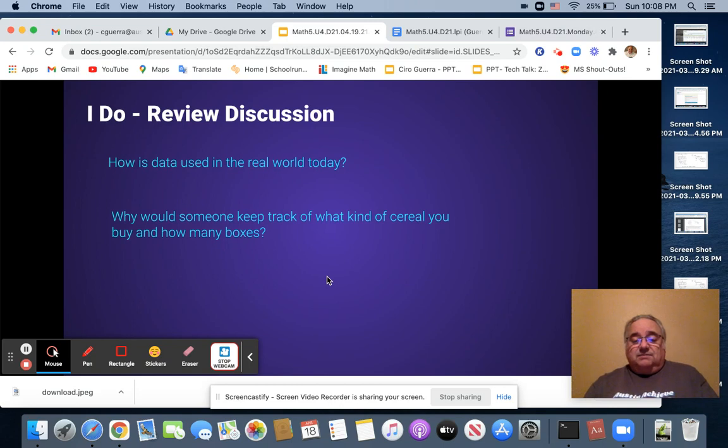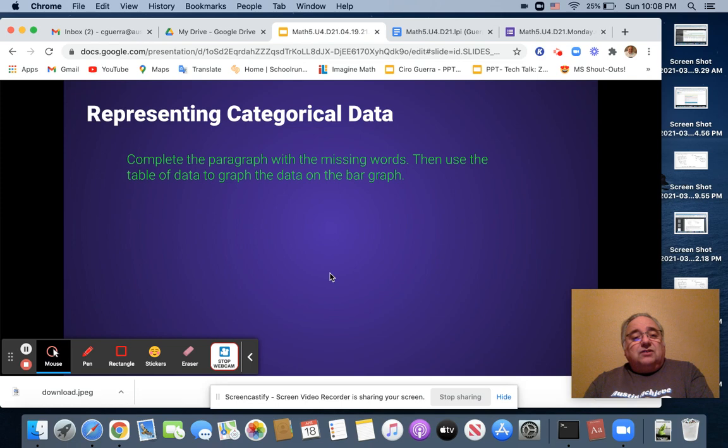So they start keeping all this data so that they can make sure they get the right things. Now we're going to be using everything we learned so that we can start completing some paragraphs about some missing words from your vocabulary, but also do a table of data to graph the data on a bar chart. So you're going to be using that same information that we gather to build a bar graph.